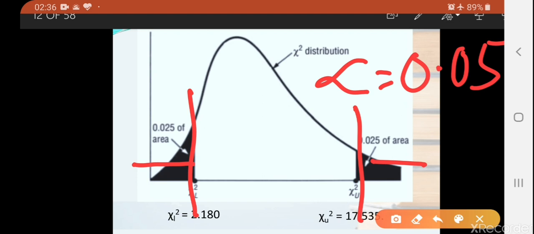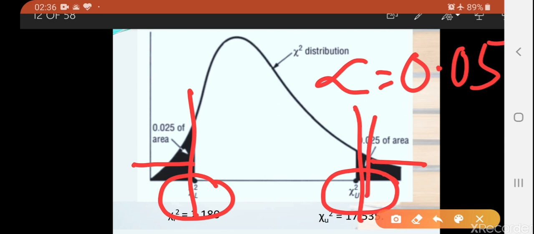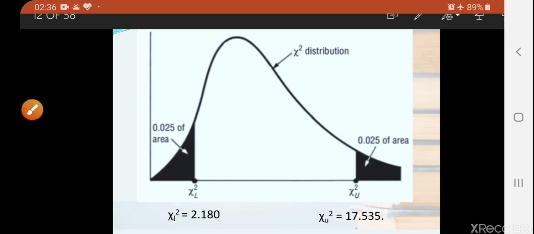From the table we will see two values of chi-square, because in the case of normal distribution, it used to be symmetric about the center. So the same value we used to get here in positive terms, and here we used to get the same value in negative terms. But the chi-square has all values positive because its limits are from 0 to plus infinity.